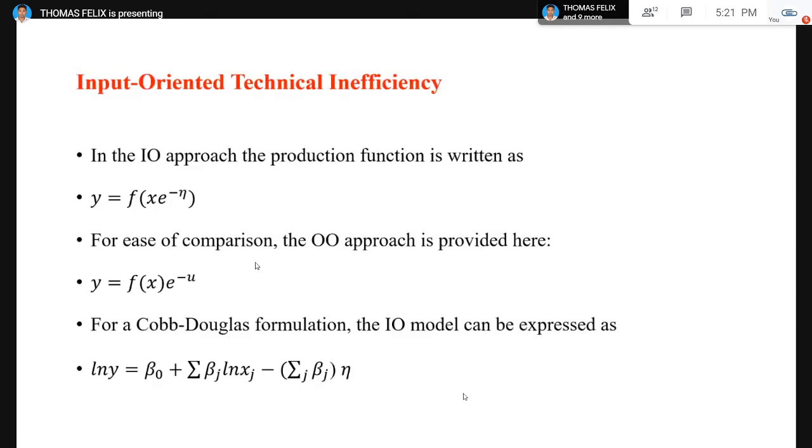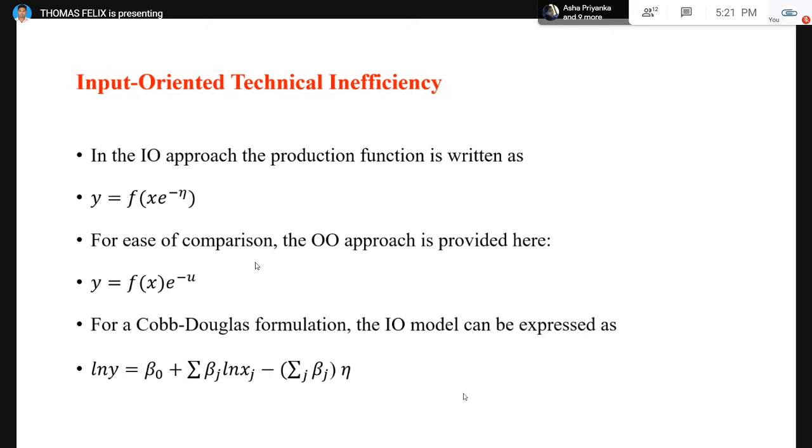In the case of input oriented technical efficiency, first we need to run any approach like half normal distribution, truncated normal distribution, or exponential distribution. Initially we run the output oriented approach. Then we have to predict the inefficiency term.